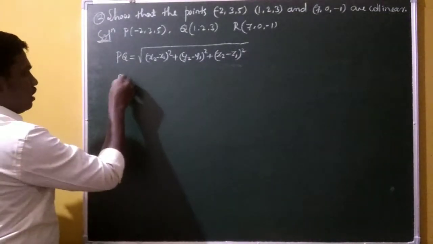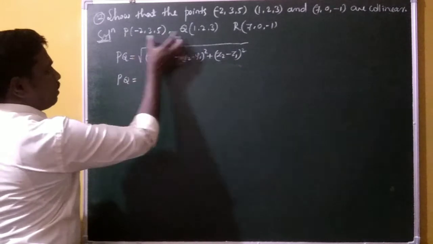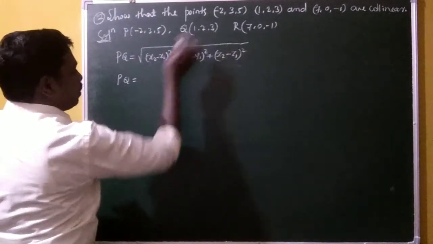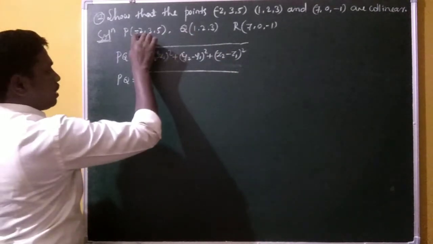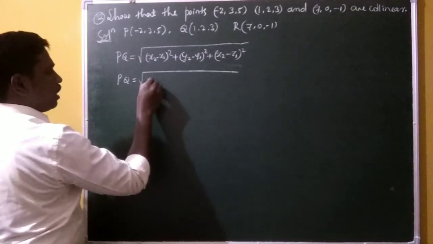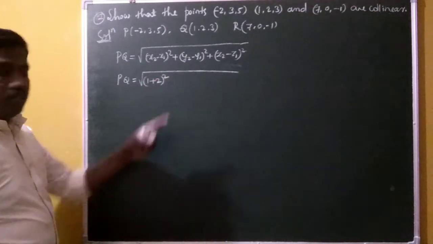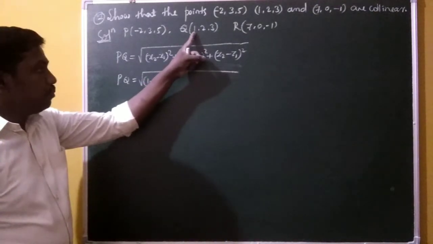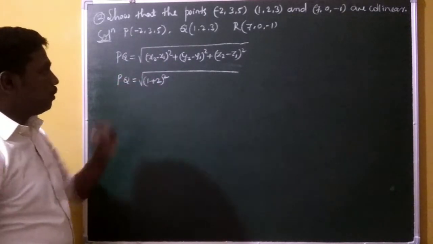Okay, the distance PQ, with x1 y1 z1 and x2 y2 z2, is the square root of (1 minus of minus 2) whole square, that is 1 plus 2, whole power 2.